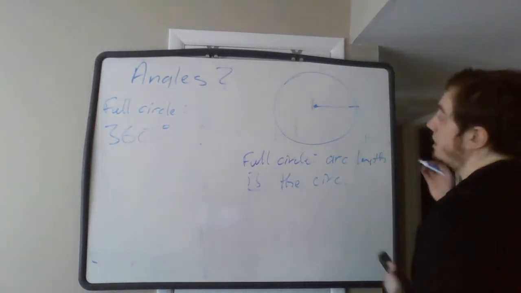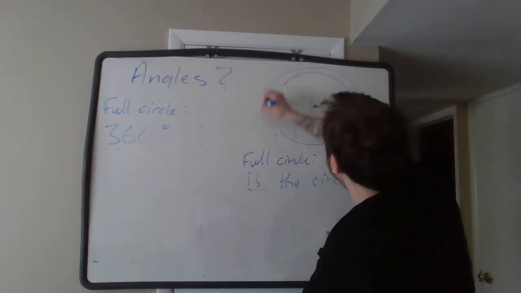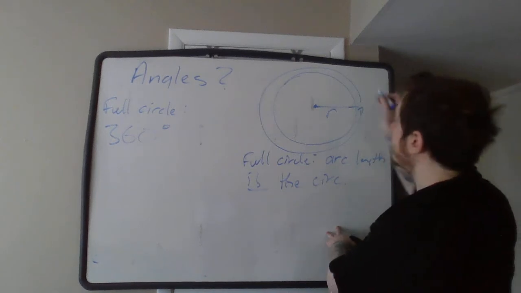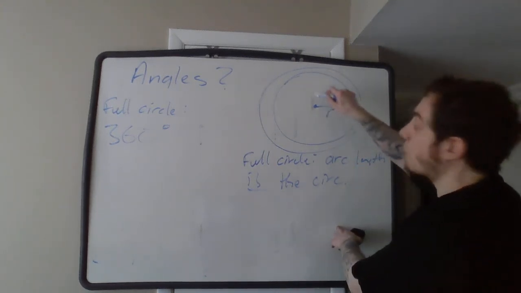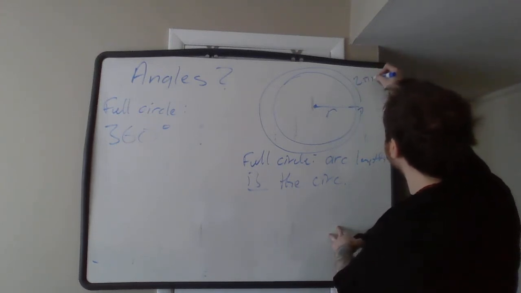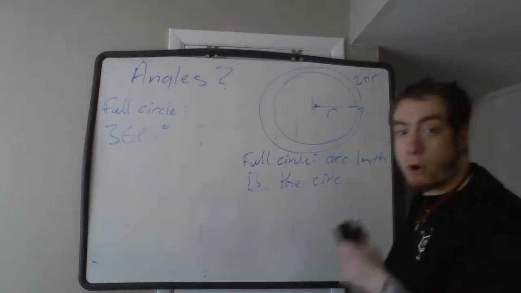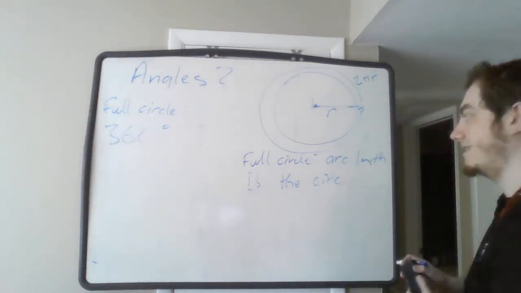After that, well, if I call this radius r, then the circumference, which is the arc length for a full circle, is going to be 2 pi times r. So that is my arc length in this case. It's literally just the circumference, which is 2 pi times the radius.